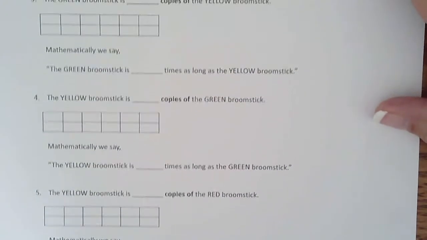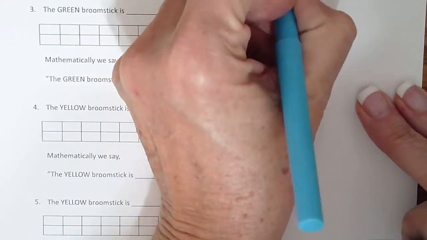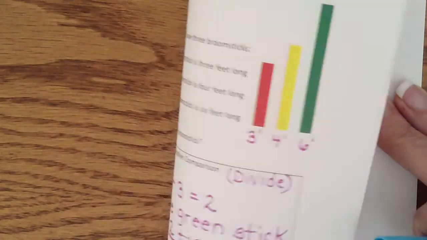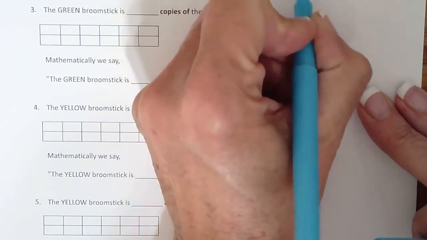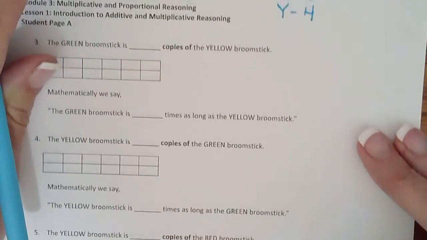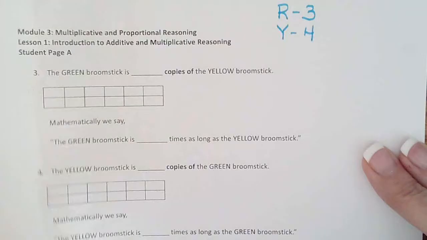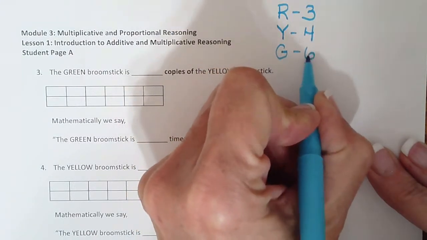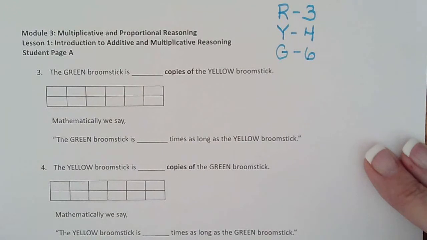Red is 3. Yellow 4. And green is 6. So that way we don't have to keep flipping it over.